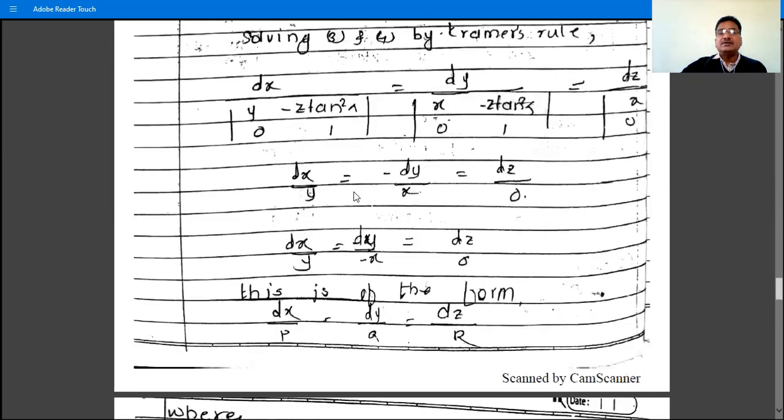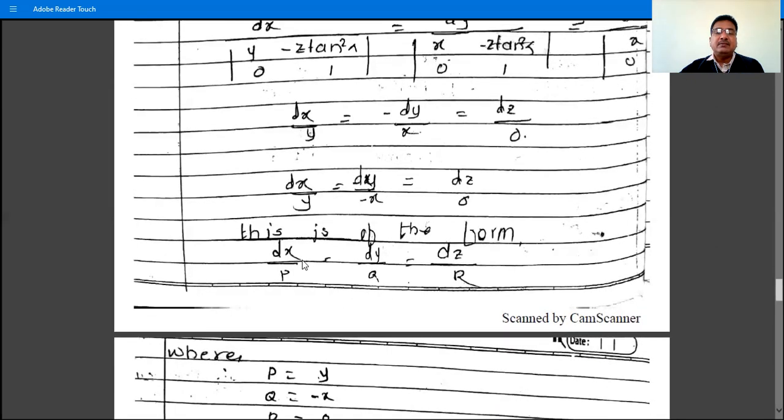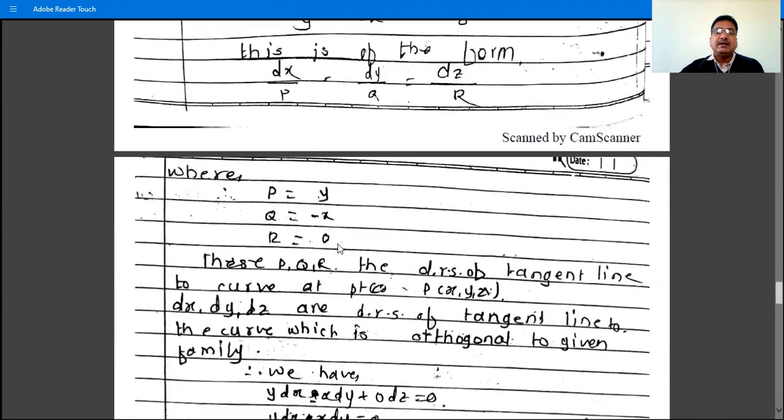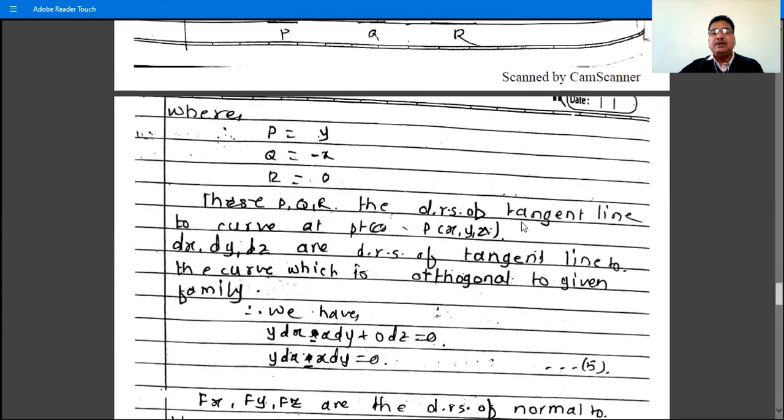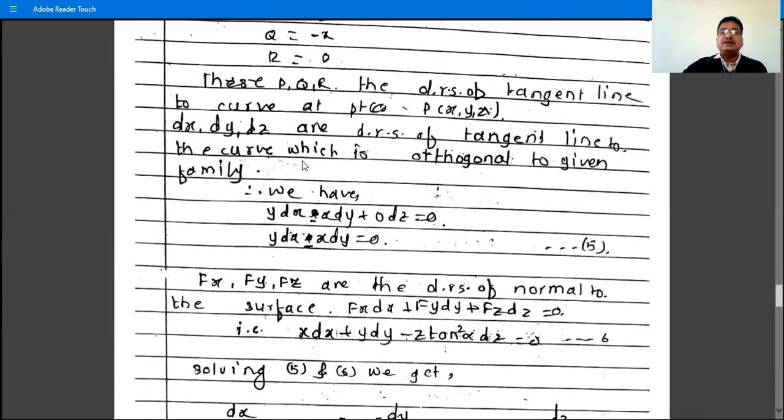So we have dx by y, minus dy by x, and dz by 0, and therefore we have capital P, capital Q, and capital R as y, minus x, 0. These P, Q, R are the direction ratios of the tangent line to the curve, and this dx, dy, dz are the direction ratios of the tangent line to the curve which is orthogonal to the given family.